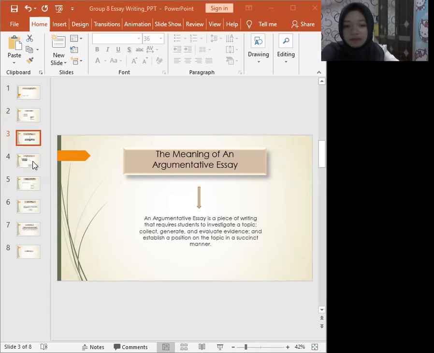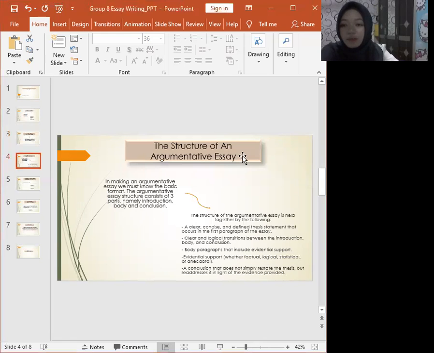And the second, the structure of an argumentative essay. In making an argumentative essay, you must know the basic format. The argumentative essay structure consists of three parts, namely introduction, body, and conclusion.